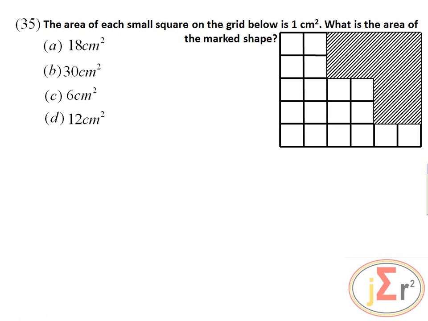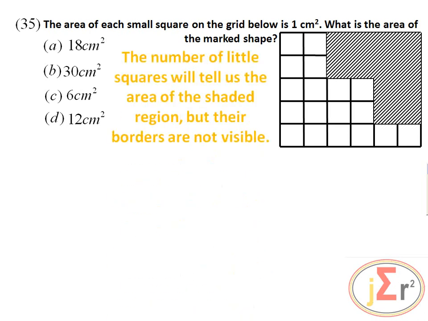So the area of each small square on the grid below is 1 centimeter squared. What is the area of the marked shape? The number of little squares will tell us the area of the shaded region. But their borders are not visible. So the borders for the squares that are in this region are not visible.